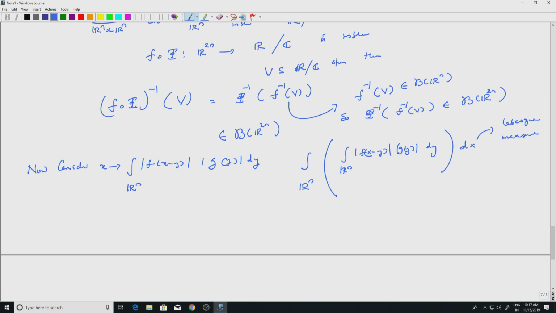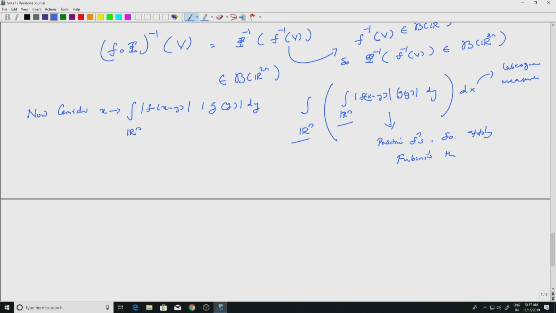But now I have two integrals, but these are positive functions, right? So apply Fubini's theorem. These are all sigma finite measure spaces. I have positive functions, so I can apply Fubini's theorem.